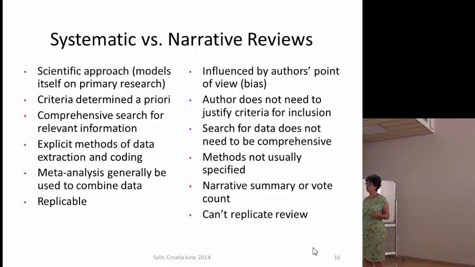And meta-analysis or some other objective means of combining the data is usually possible, and it should be replicable, although journal reporting practices and page limitations being what they are, you are often not able to report everything that you would want to report to make the analysis replicable.